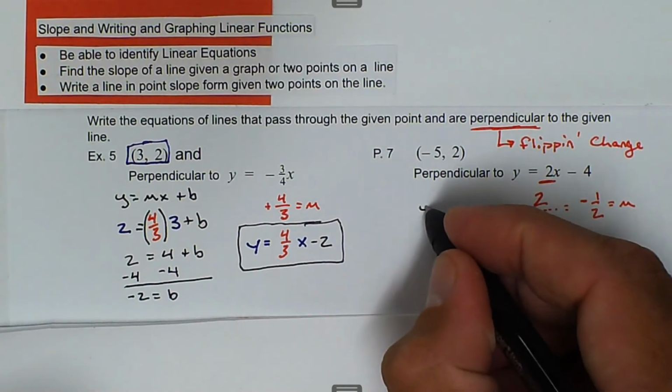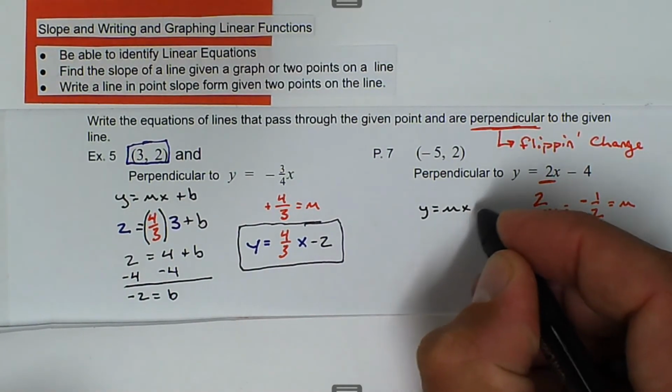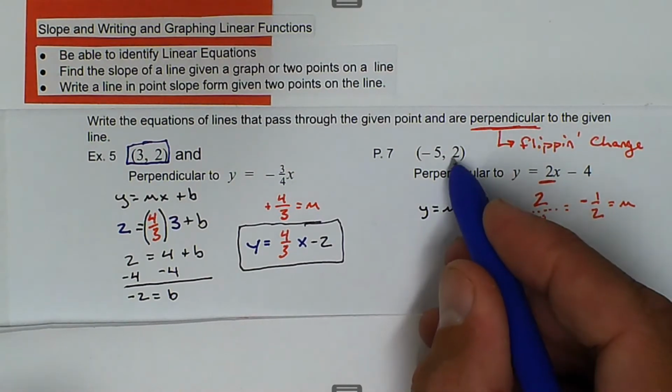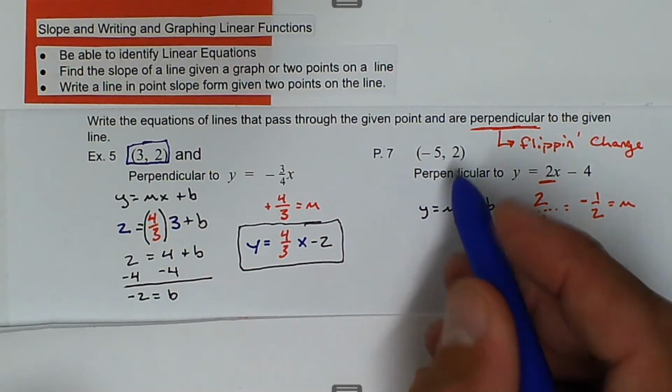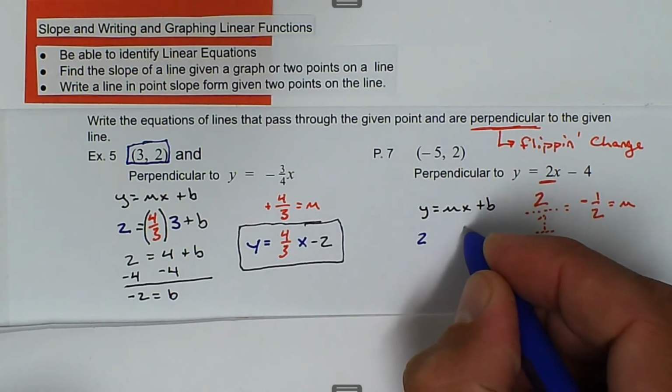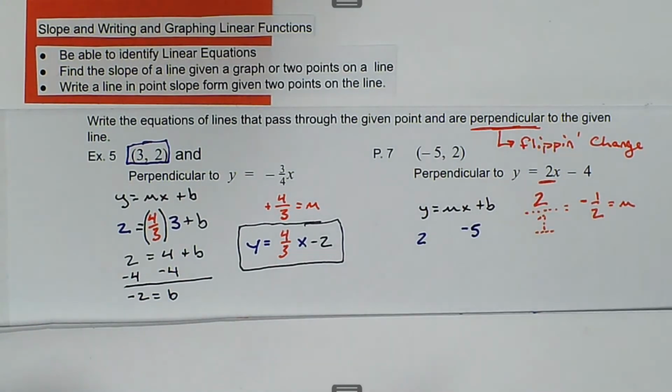We still have our equation, y equals mx plus b, and then we can substitute in the values that we know. So y is 2, x is negative 5, and our slope is negative 1/2.